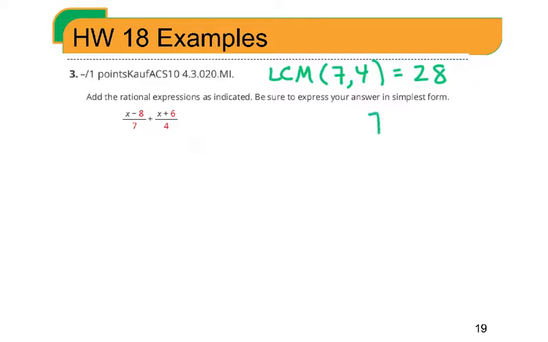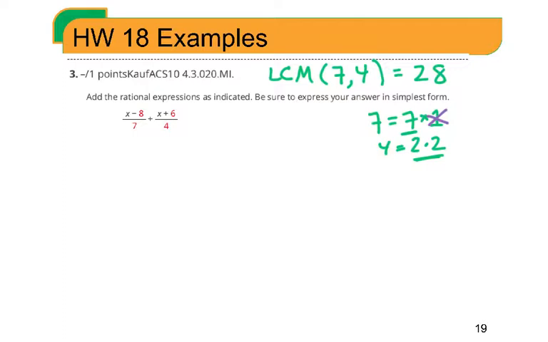Well, 7 is prime, so the only way you can write 7 is 7 times 1. And 4, of course, is 2 times 2. So we need both prime numbers 2 and 7. We ignore 1, it's not prime anyway. So that's how I knew.